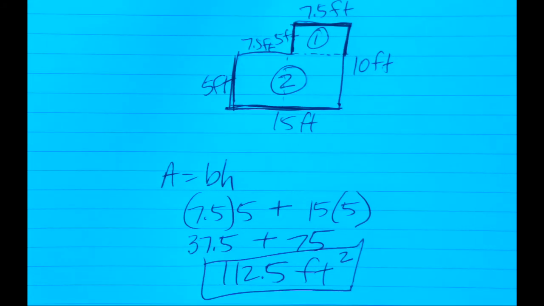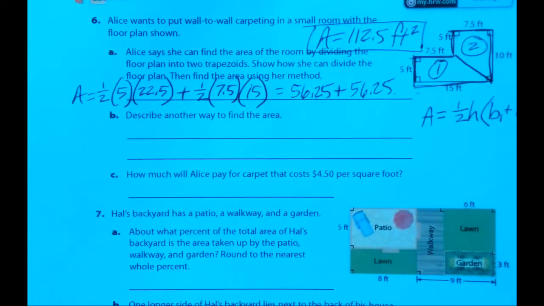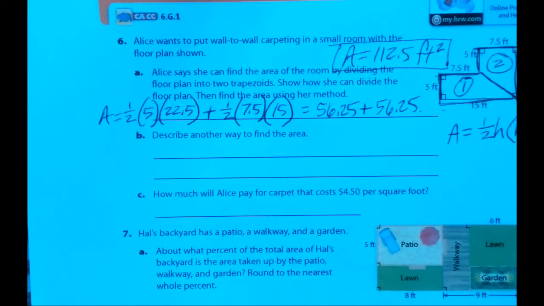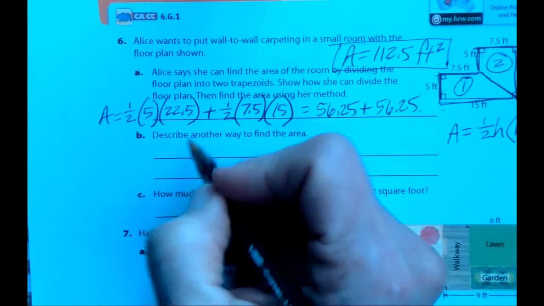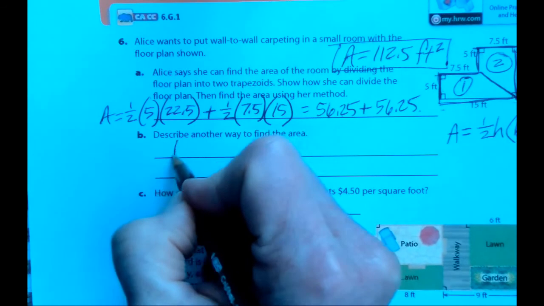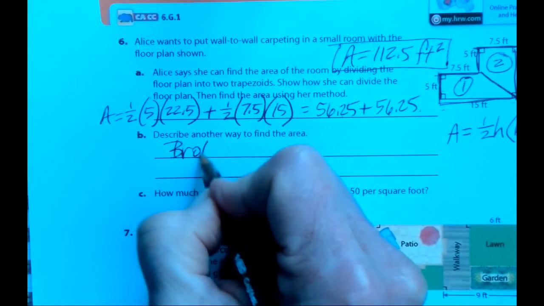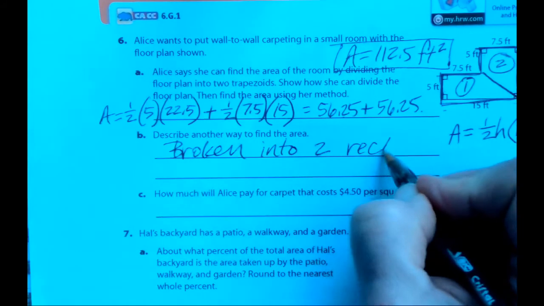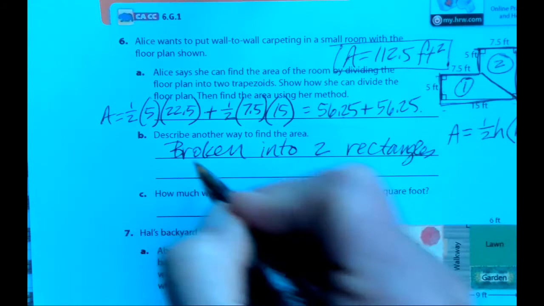So there we've got the same answer, breaking it up as trapezoids and as rectangles. So we go back to the paper. We could have broken it into two rectangles, and we get the same area.